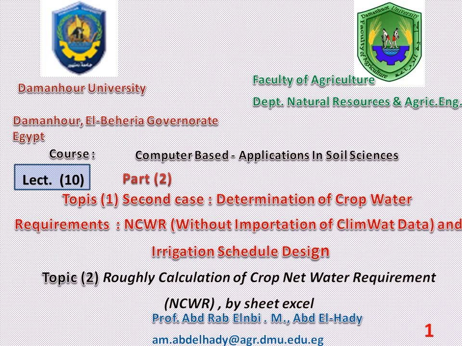The first one represents the second case of determination of crop water requirement, NCWR, without importation of ClimWat data, and irrigation schedule design. The second topic, as the title says, is roughly calculation of crop net water requirement by Excel sheet.